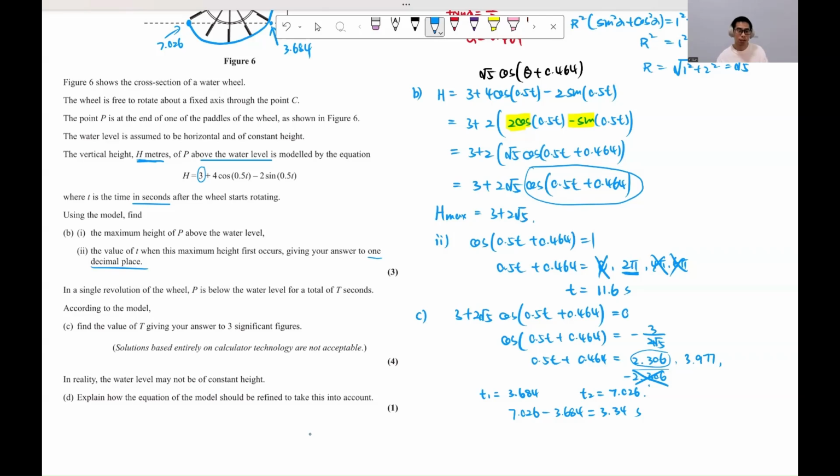So you can just say 3 would need to vary, meaning we can replace 3 with a periodic function, for example a trig function, something like sine or cos. But that's all you have to write. So 3 needs to be varied. It's only 1 mark. All right, that would be all the solutions.